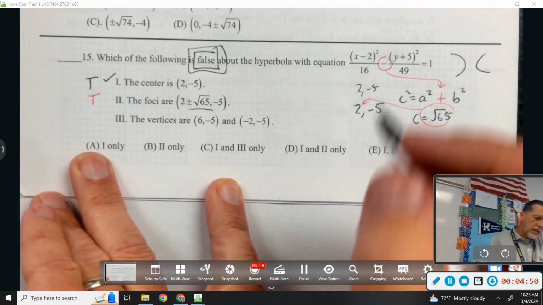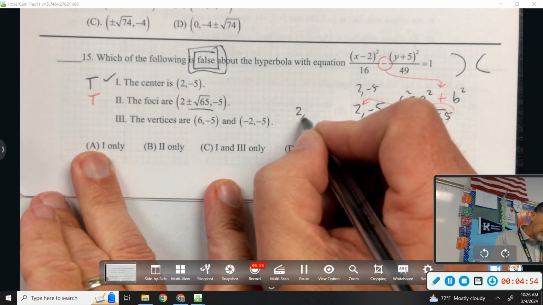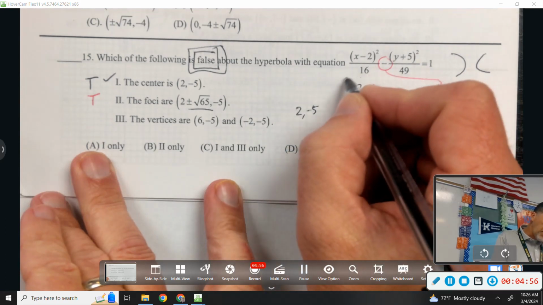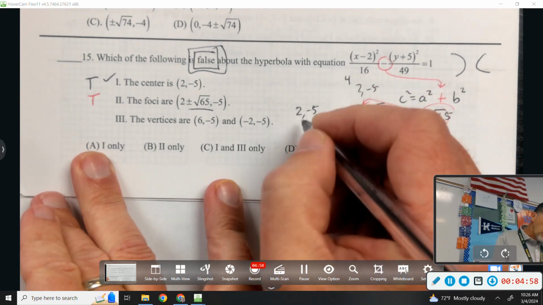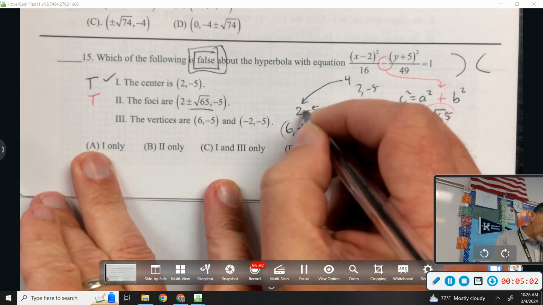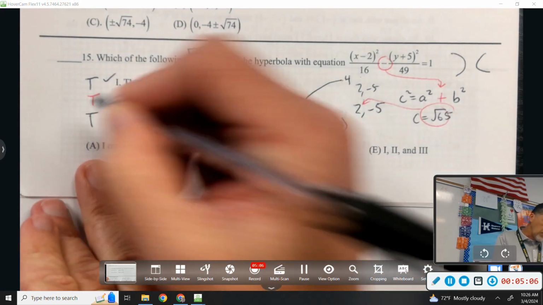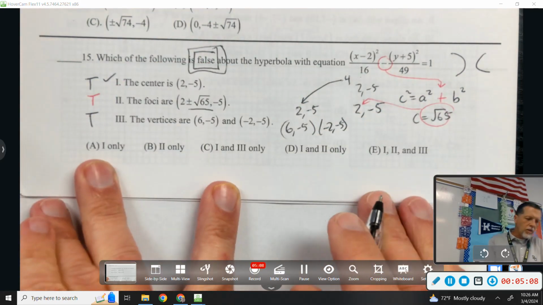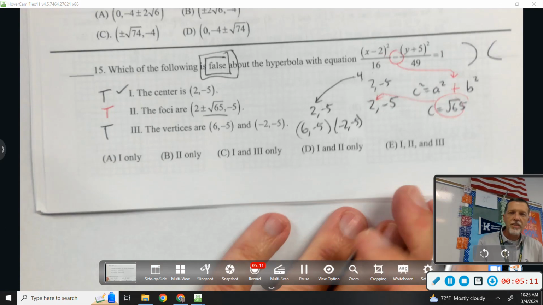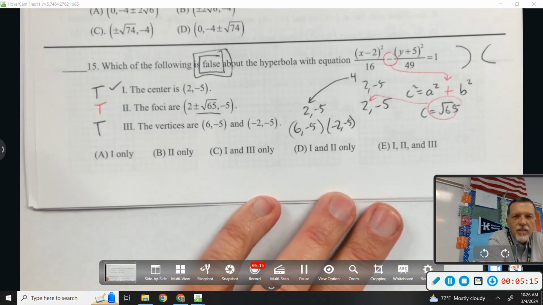The vertices are also left and right from 2, -5, and they're left and right by 4. So 2 plus 4 is 6. 2 minus 4 is negative 2. So 3 is correct. So, which of the following is false? None of those are false? Did I miss something? 2, negative 5.